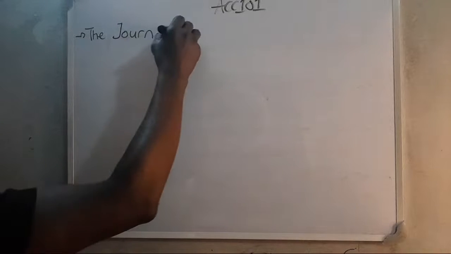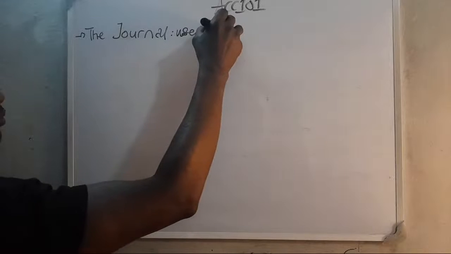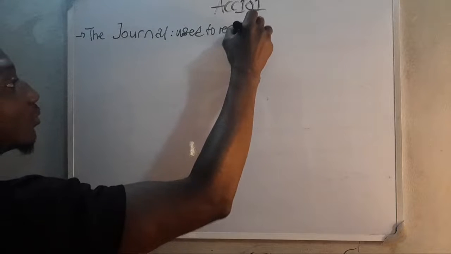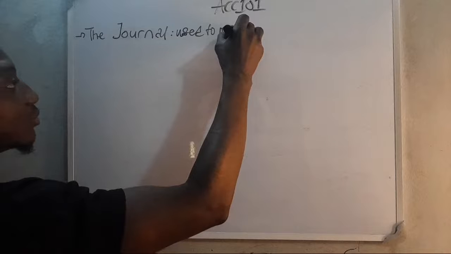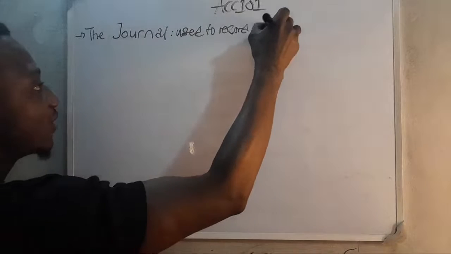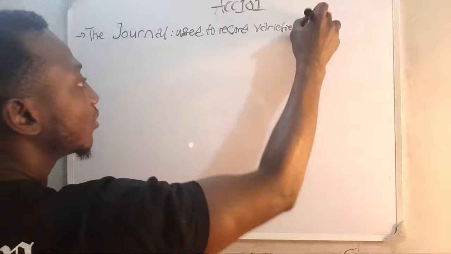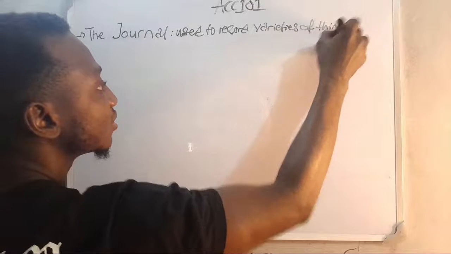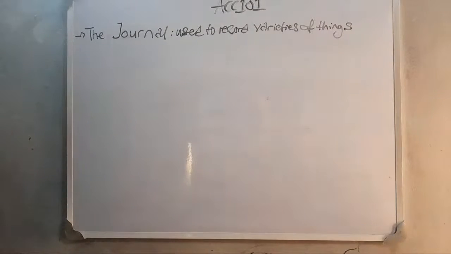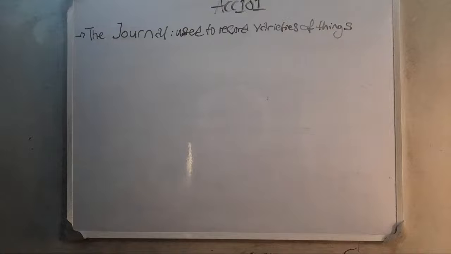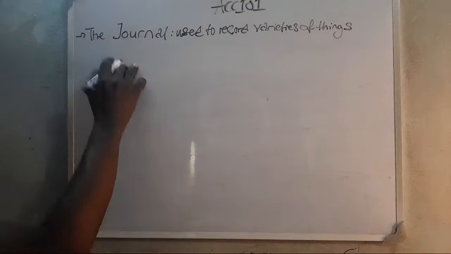The journal is used to record varieties of things, most of which consist of accounting adjustments.